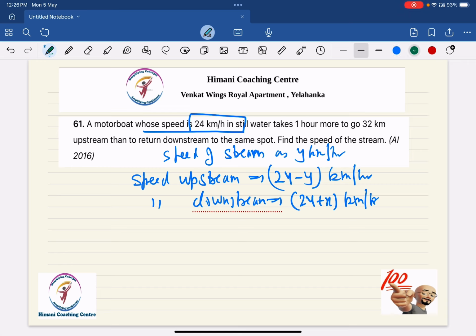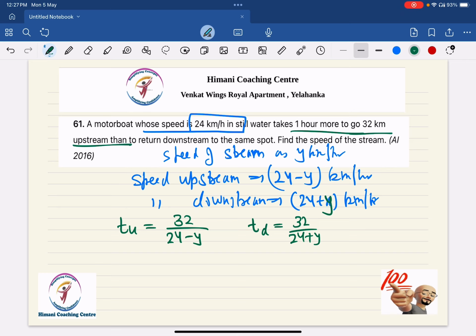So now let us solve the question. It takes 1 hour more to go 32 km upstream. So let us find time taken upstream. So TU would be 32 over 24 minus y, and TD downstream is 32 over 24 plus y. Okay, let me make it y here. The question says the upstream takes 1 hour more.